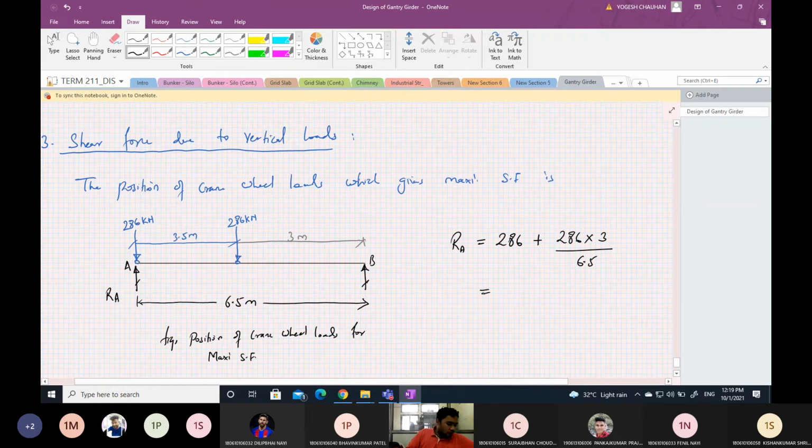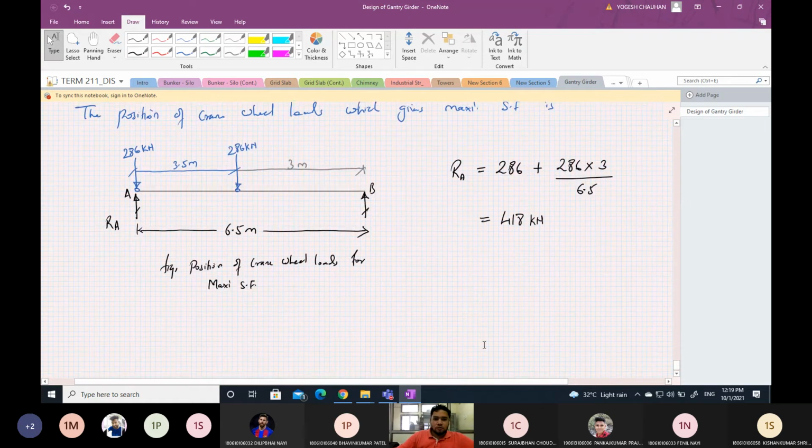So the reaction will be 418 kilonewton. So this is the maximum shear force. Therefore the maximum shear force due to wheel loads is 418 kilonewton.